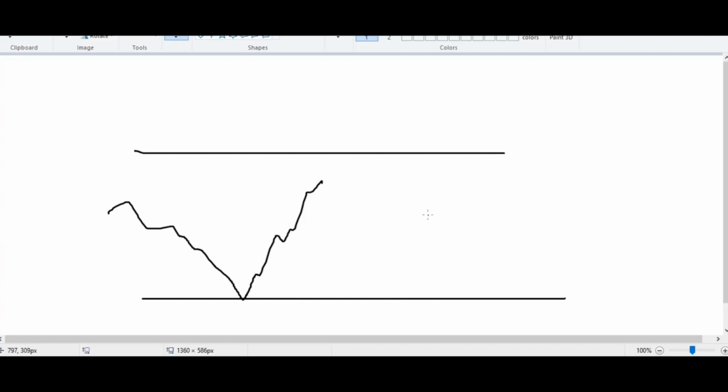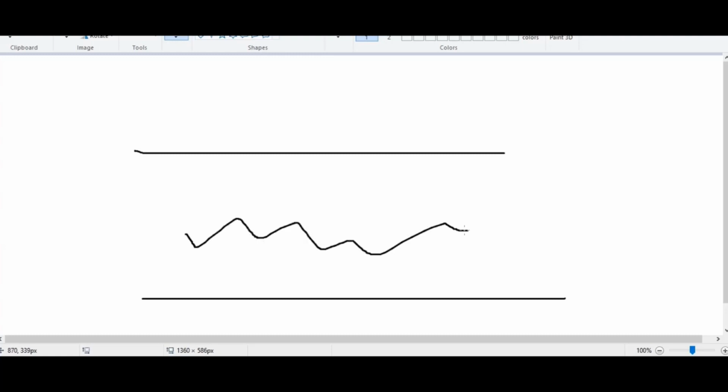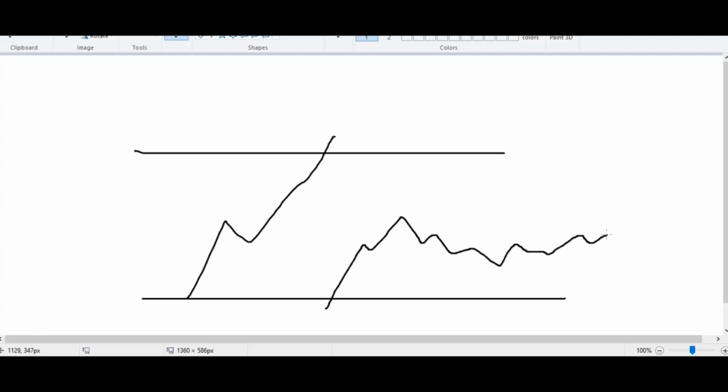So why would they take a loss for no reason? If they are selling puts, it means markets are not ready to go down. Markets are at least, if not going to go up, going to go sideways. It is not going to go down. So they are selling puts means they are expecting markets to go up or go sideways. These are the two possibilities.